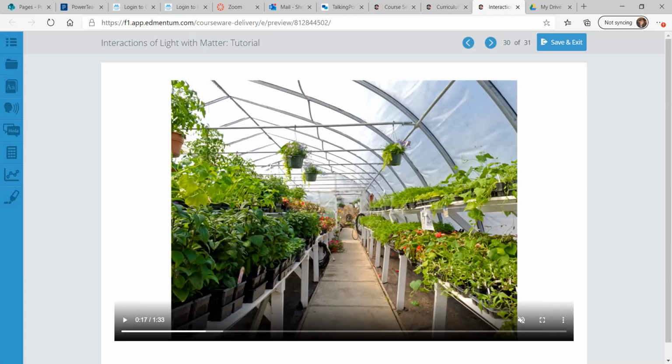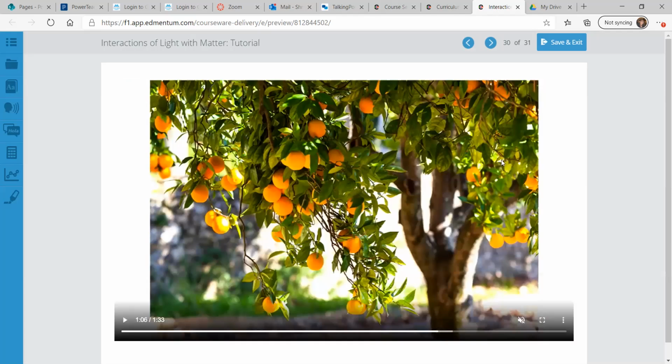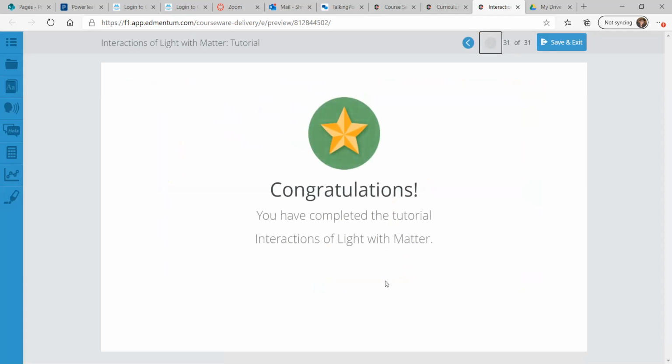Radio waves, infrared, gamma rays, ultraviolet rays, you name it. They went over that in this lesson. Mirrors. There's a lot of stuff in this lesson. So I hope that helped.